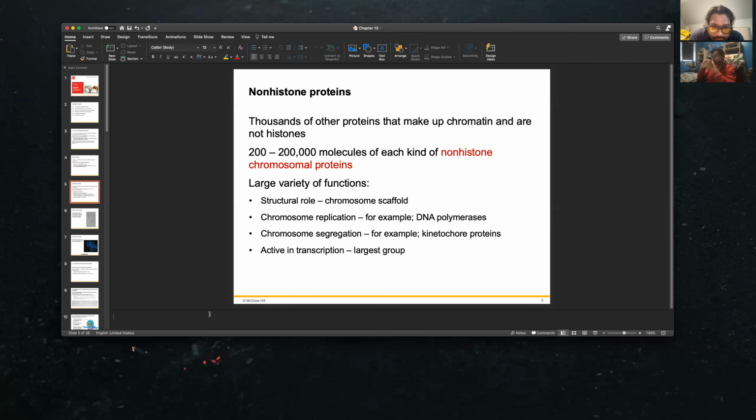Some are involved in replication, like DNA polymerases. Some work to separate chromosomes, like kinetochore proteins, the things that attach to the centromere and get pulled during anaphase. And the largest group are the ones that are active in transcription.